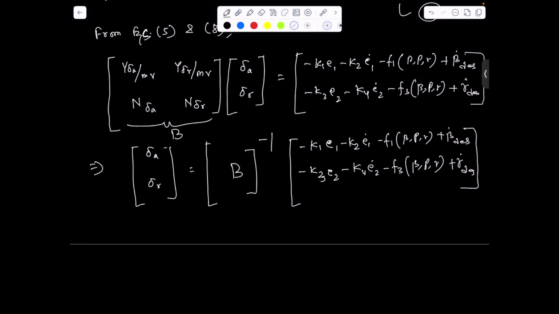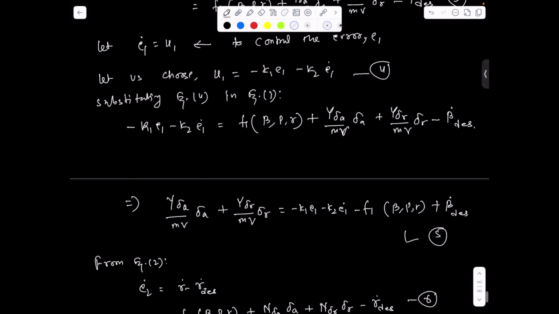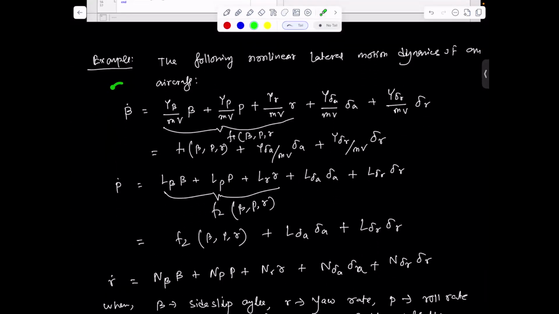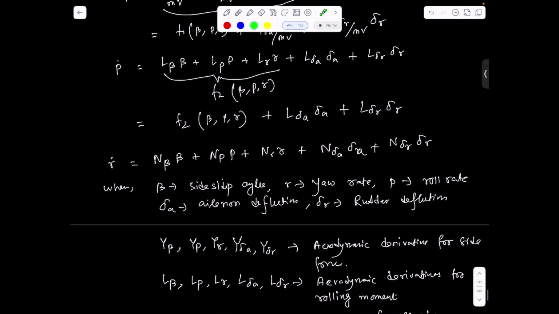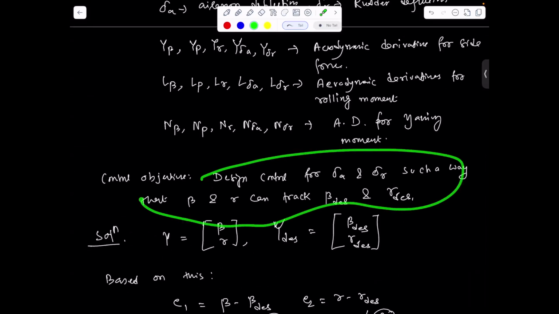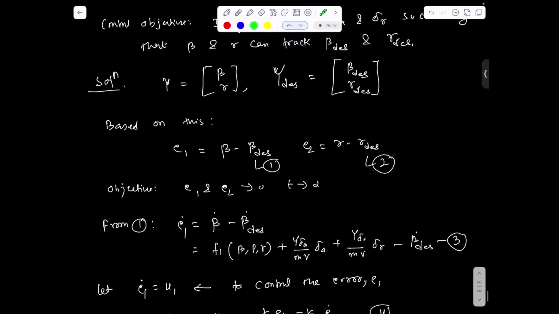So this is our nonlinear control to control the dynamics we have defined here for the system. And this control is going to fulfill our mission objective. This is our objective. So this is going to help us track beta desired and r desired.